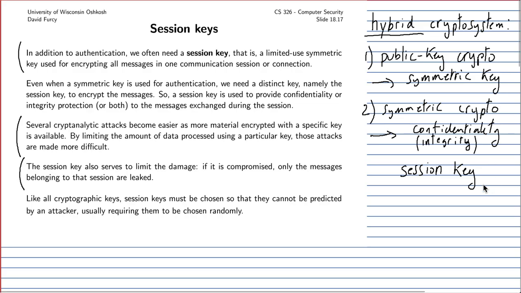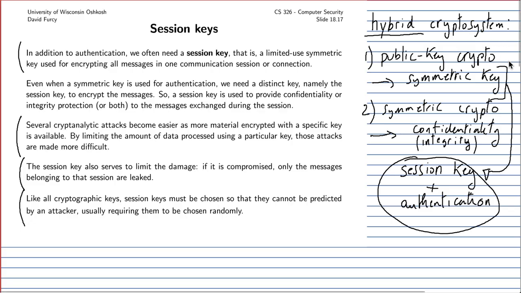Again, we should be choosing these session keys, like any keys, randomly, so they are not predictable to the attacker. And the thing we want to do now in this video is to look at whether we could combine this first step of a hybrid system, the step that establishes a session key, with the authentication protocol that we've been discussing in this lecture.